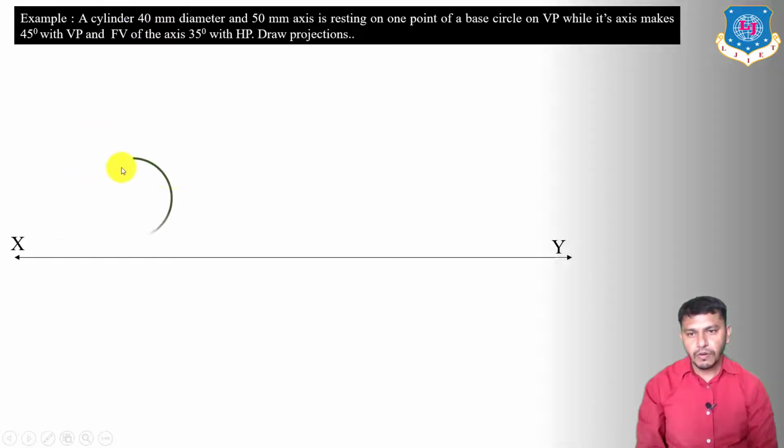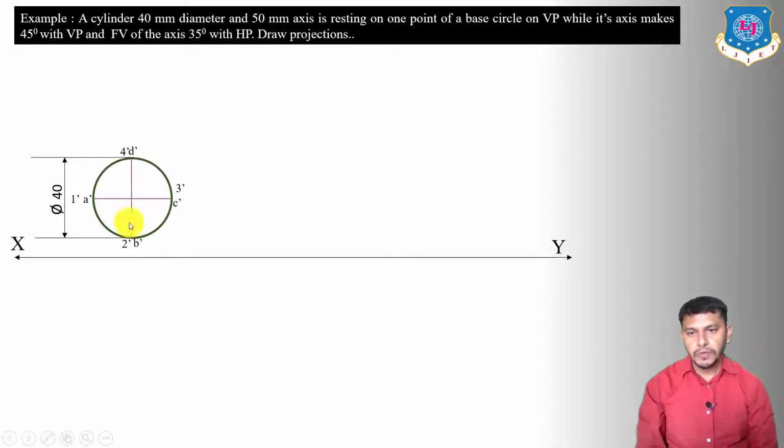First of all draw the circle having diameter 40 mm. Divide the circle into 4 equal parts, A dash, B dash, C dash, D dash, and 1 dash, 2 dash, 3 dash, 4 dash. Here we are going to take A dash, B dash, C dash, D dash as the base of the cylinder and 1 dash, 2 dash, 3 dash, 4 dash as the top face of the cylinder.